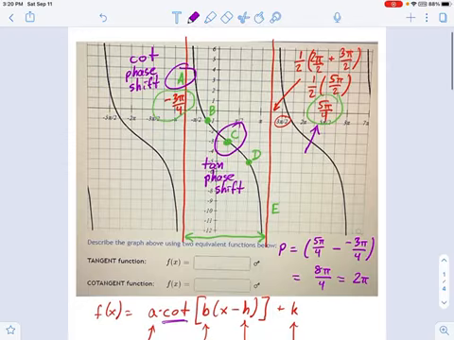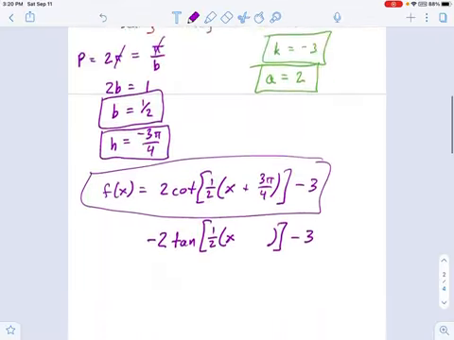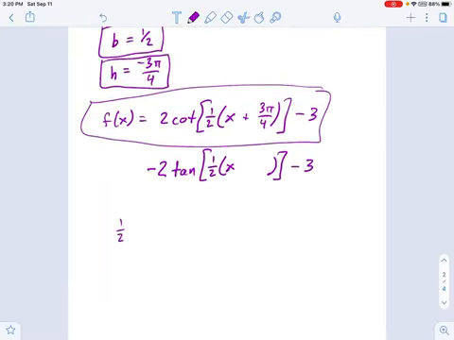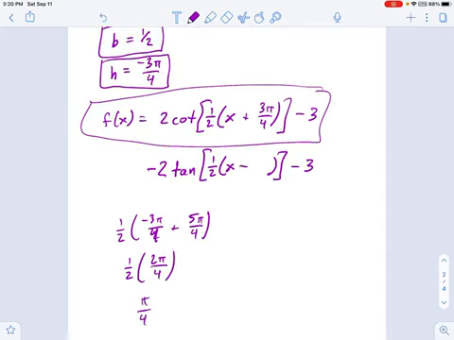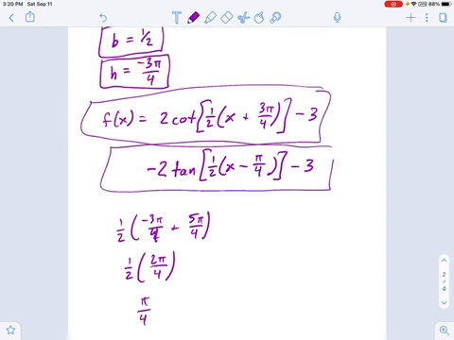Well, it's halfway between these 2 points, 5 pi over 4 and negative 3 pi over 4. So halfway in between those is half of negative 3 pi over 4 plus 5 pi over 4, which is 1/2 of 2 pi over 4, which is just going to be pi over 4. Okay, so that is our phase shift, which we write this way. Don't forget that sign flip. Okay, and we're done.